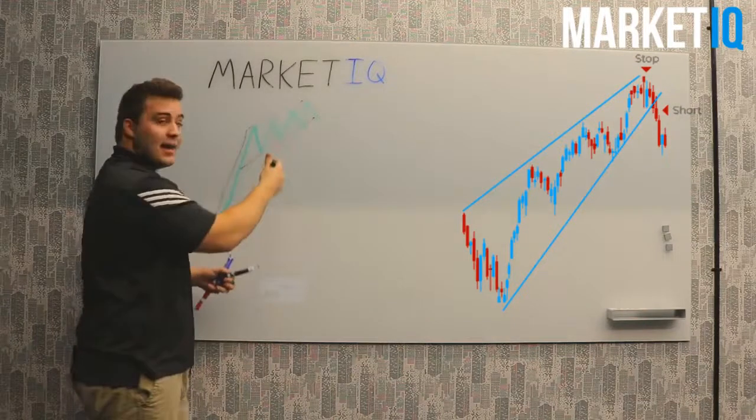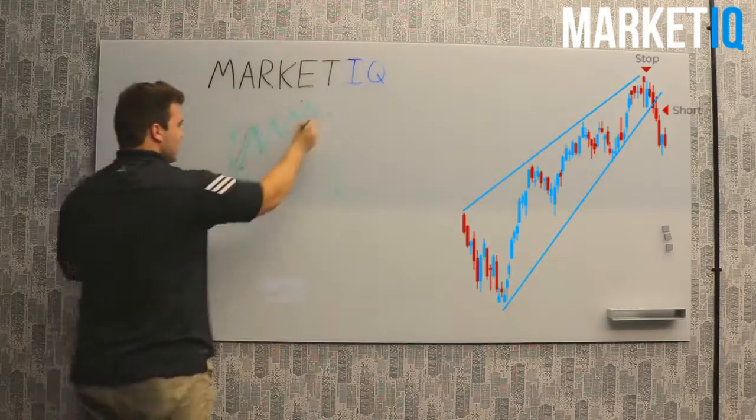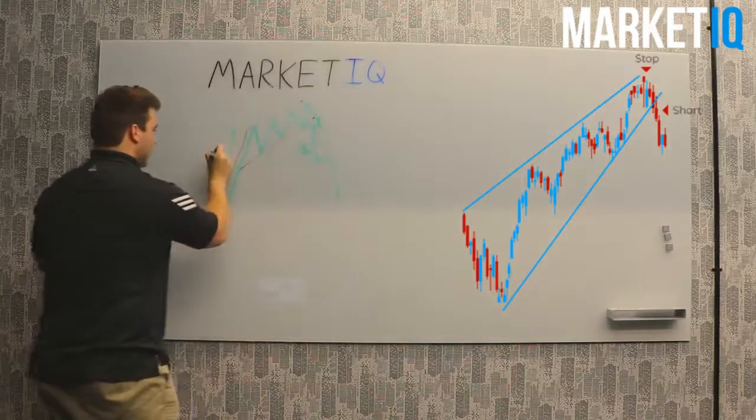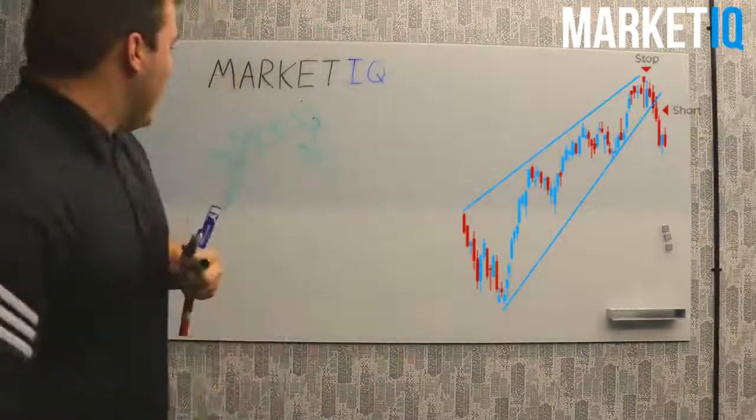But since it's not, it's actually a reversal pattern now. Same thing, you measure it, that's your pip target level, height. Now, that's a rising wedge.